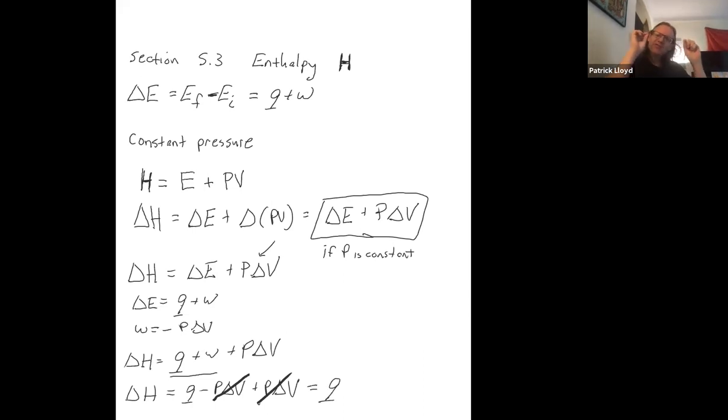And this ends up being very useful. What it says is we have this measure of how much energy a system has, a mixture of gases in this case.